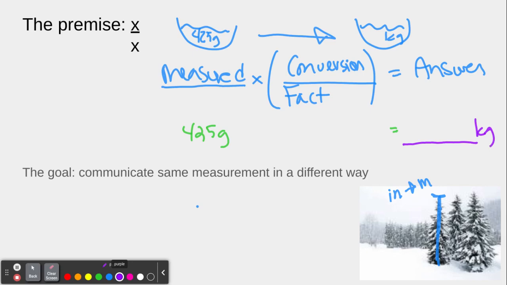That's what your conversion factor does. Your conversion factor gets you out of one unit and into the other unit. Whatever unit is on the measured number, I'm going to put on the bottom too. If I have grams on the top, I'm going to put grams on the bottom of the fraction. Here's the premise. What is 4 over 4 equal to?